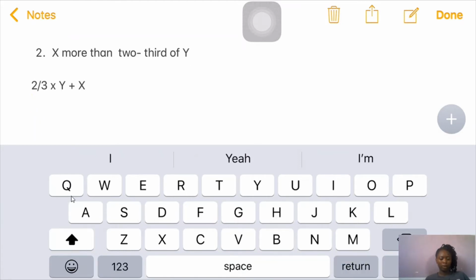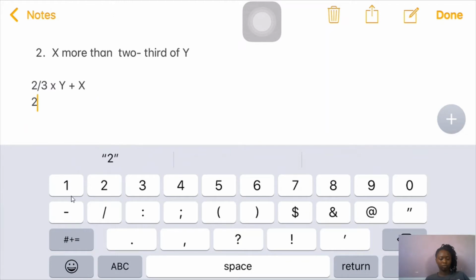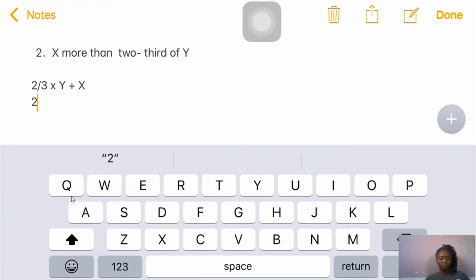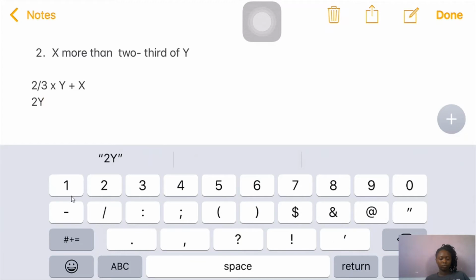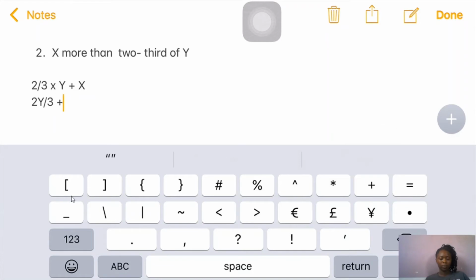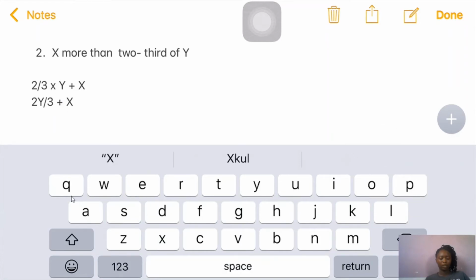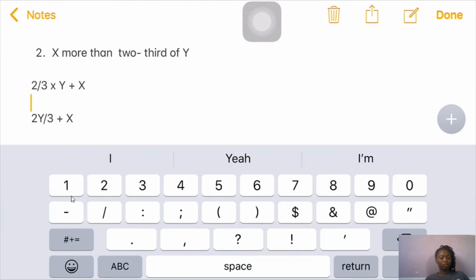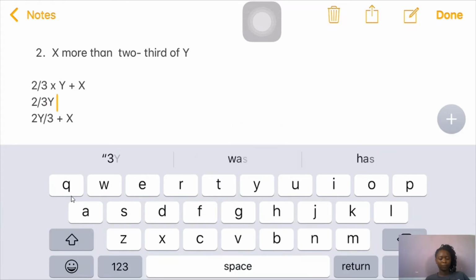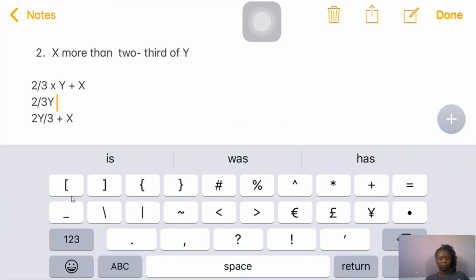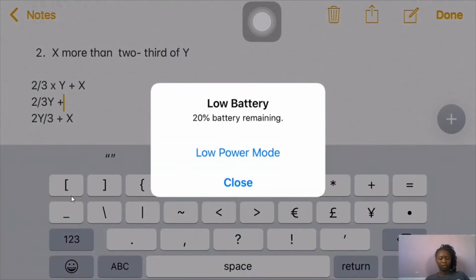So this is the same as 2y out of 3 plus x. It also means any of the answers here is correct. Or 2/3y plus x.